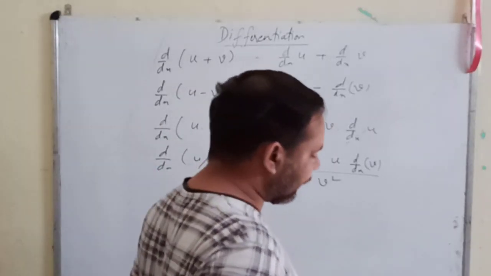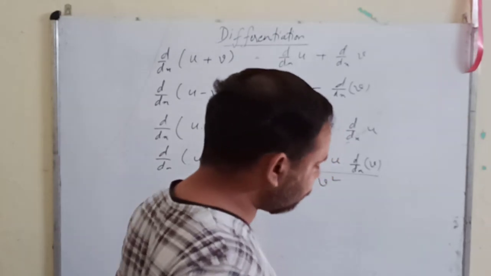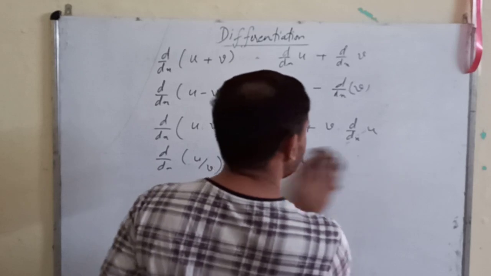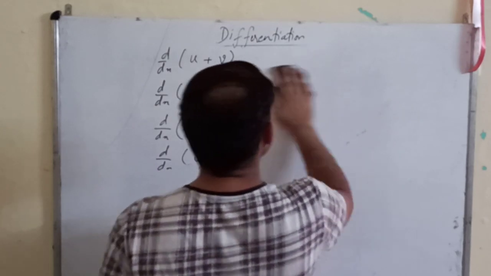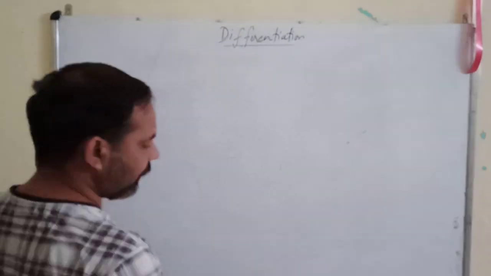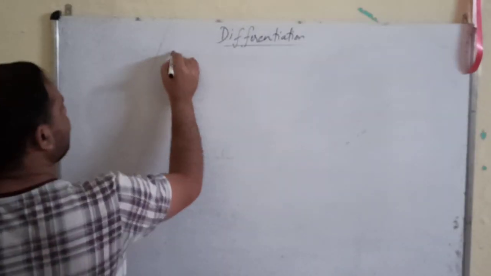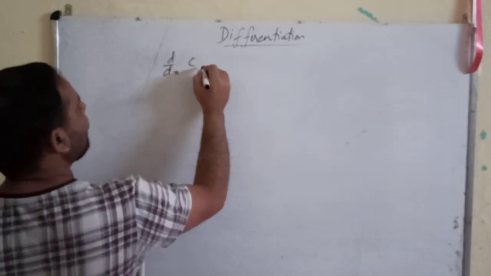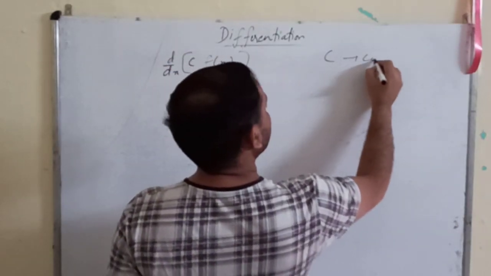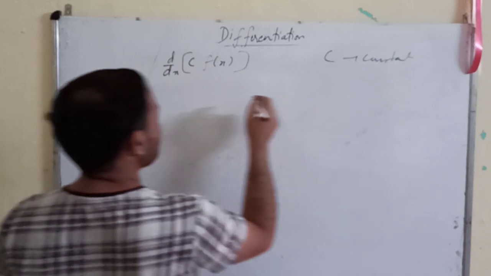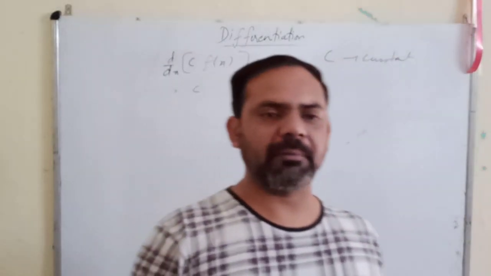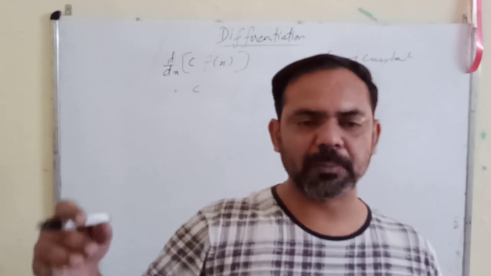Okay. Then we have some more formulas. Suppose you have d by dx of c into f of x, where c is a constant. Then you cannot take the derivative of c, because derivative is the rate of change of the image with respect to the pre-image.